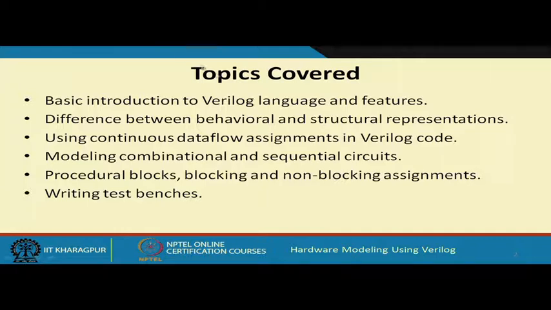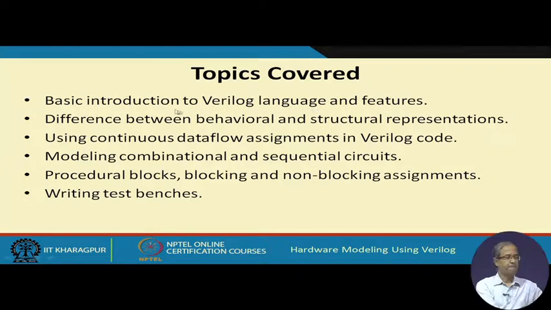First, let us look at the topics that we have covered. Verilog language and features. Here we looked at the various syntax and semantics of the Verilog language. Syntax means the rules for writing the statements and the modules, and semantics means what each of the constructs means.